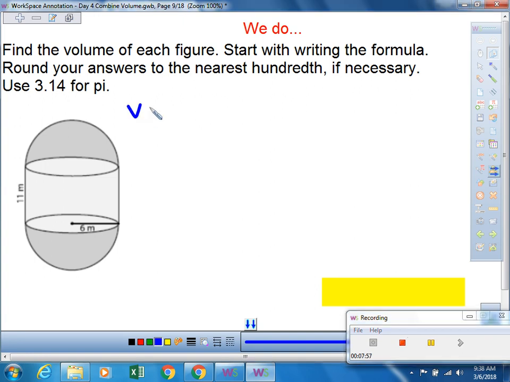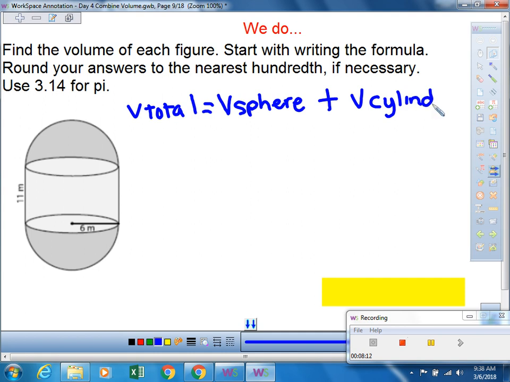So you're going to say volume total equals the volume of a sphere plus the volume of a cylinder. All right, what's the formula for a sphere? 4 pi r cubed divided by 3.